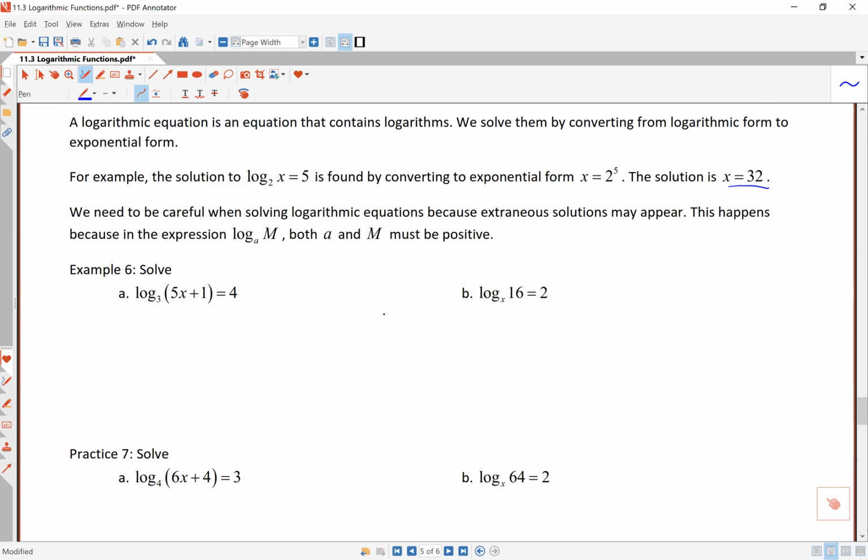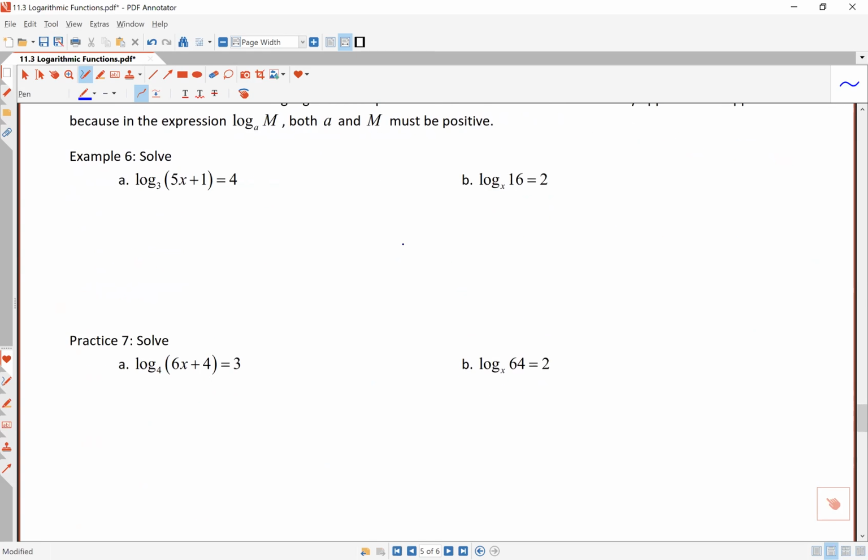So to solve any of these logarithmic equations, I'm going to think of them as 4 is the exponent on my base of 3 to equal 5x plus 1. So I say 4 is the exponent on my base of 3 to get 5x plus 1.